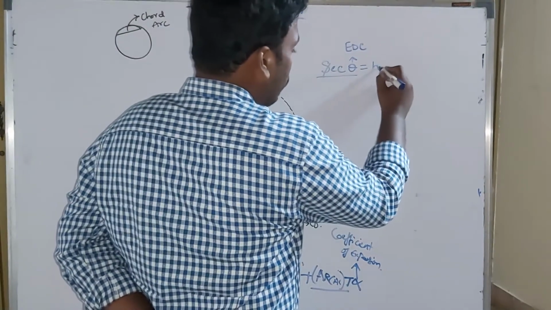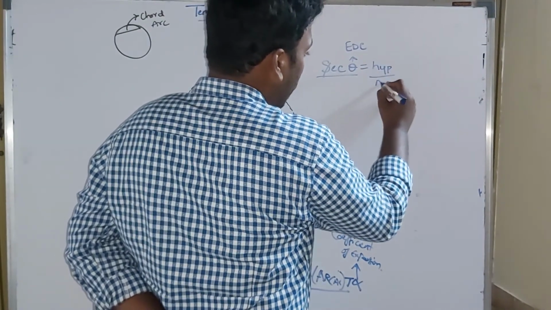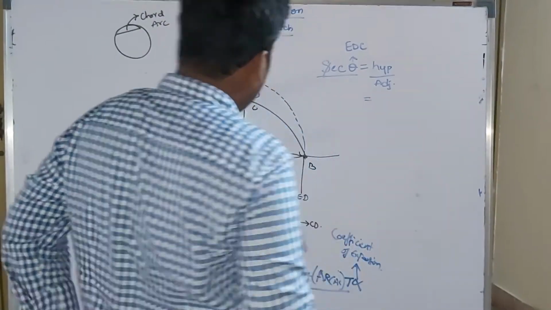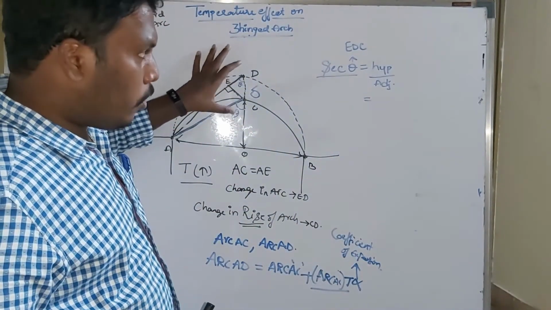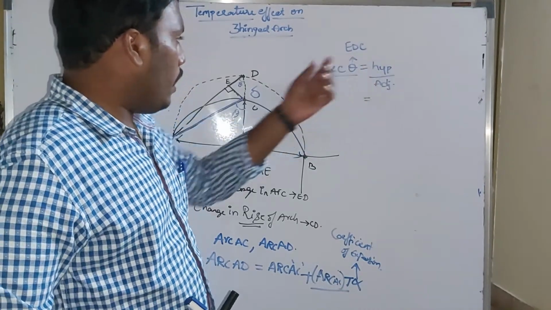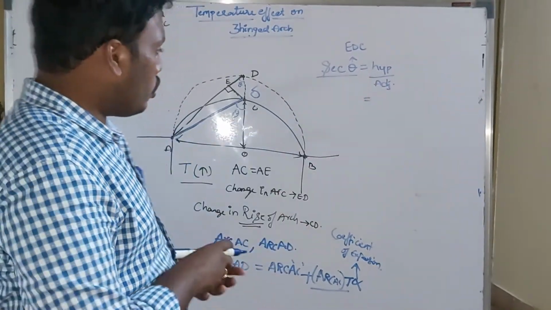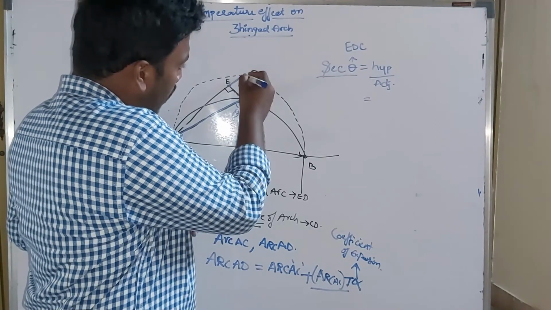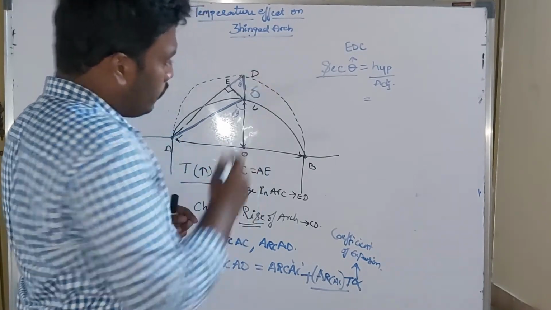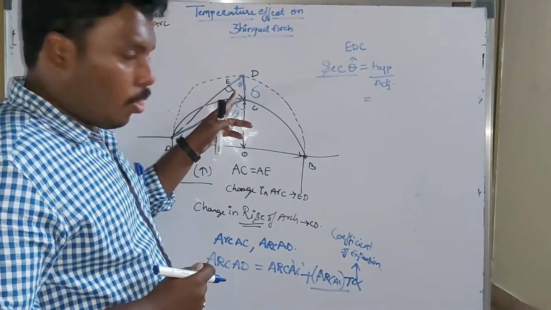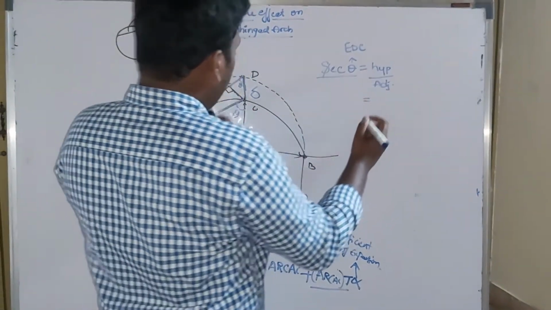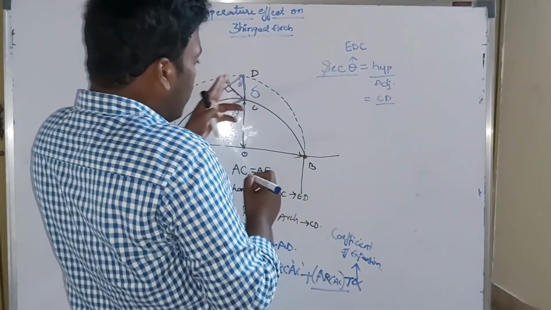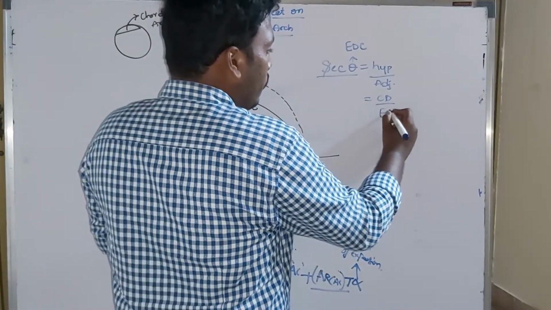So this is hypotenuse by adjacent side. So let us understand one point. Secant theta, at this particular point, what is the hypotenuse and what is the adjacent side, understand. This is the adjacent side and this is the hypotenuse side. So this is the opposite side as you already know. So the hypotenuse here is CD by adjacent side, which is nothing but ED.